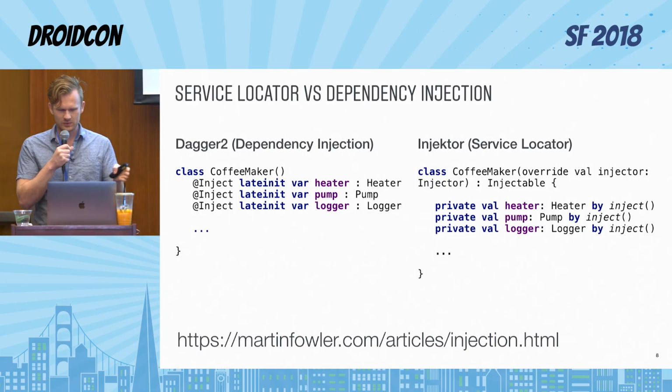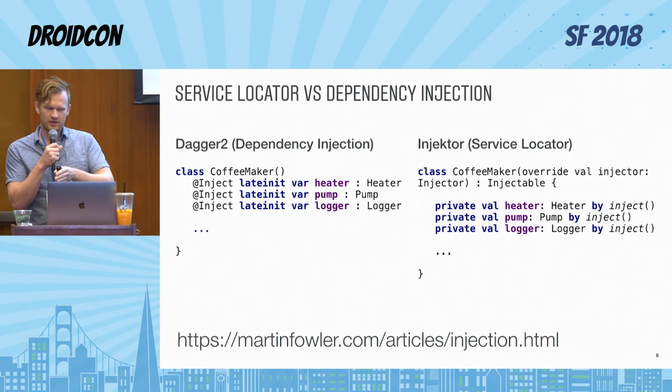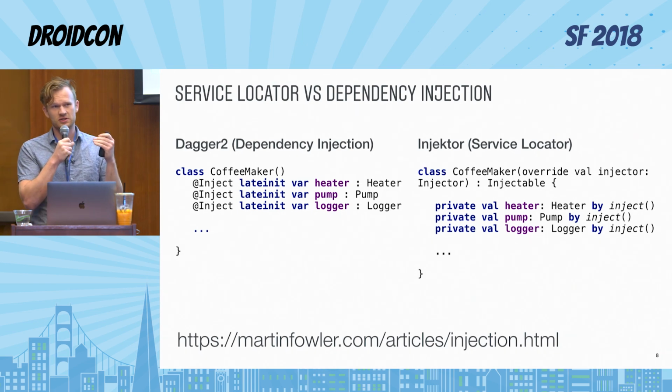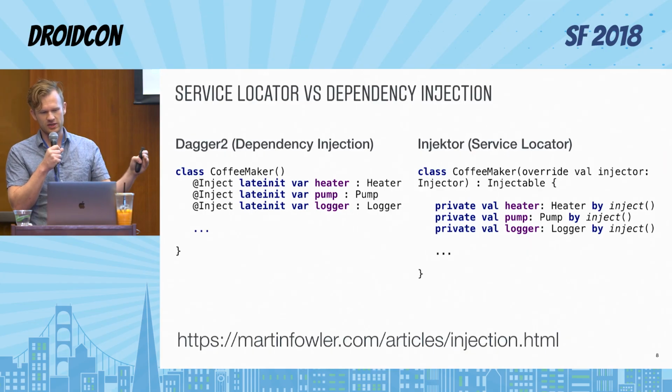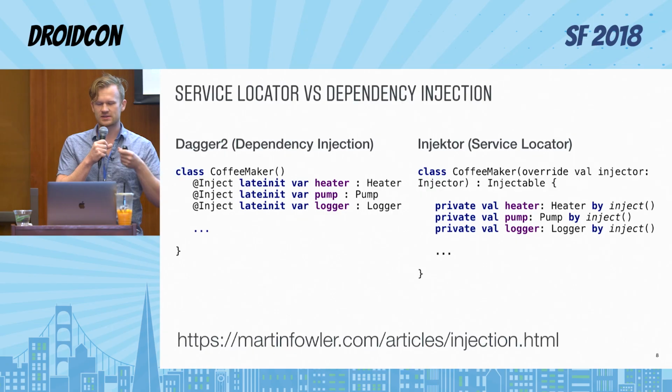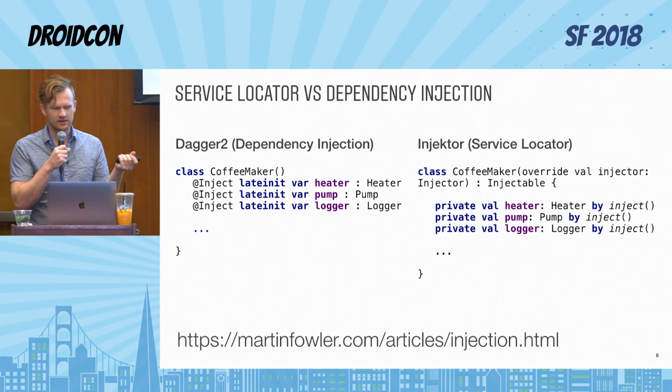And the big difference between service locator and pure dependency injection is that with dependency injection, injected classes don't have a reference to the injector, while with service locator, injected classes have a reference to the service locator.